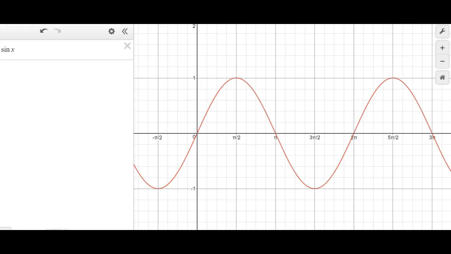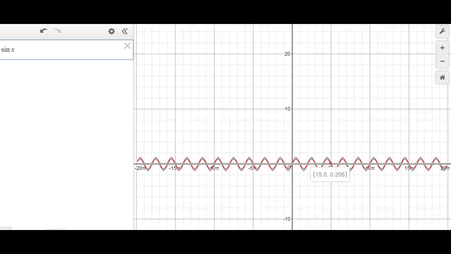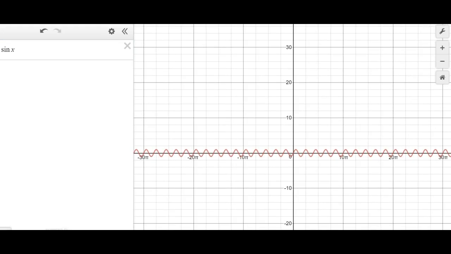If we zoom out, notice this thing goes on forever like this. But as we talk about it, remember the important things we talked about with functions before. What's its domain? Its domain is all real numbers. What's its range?